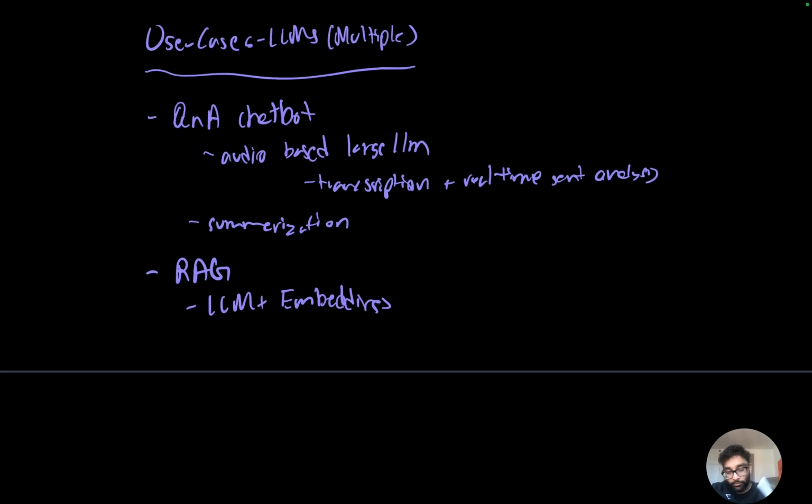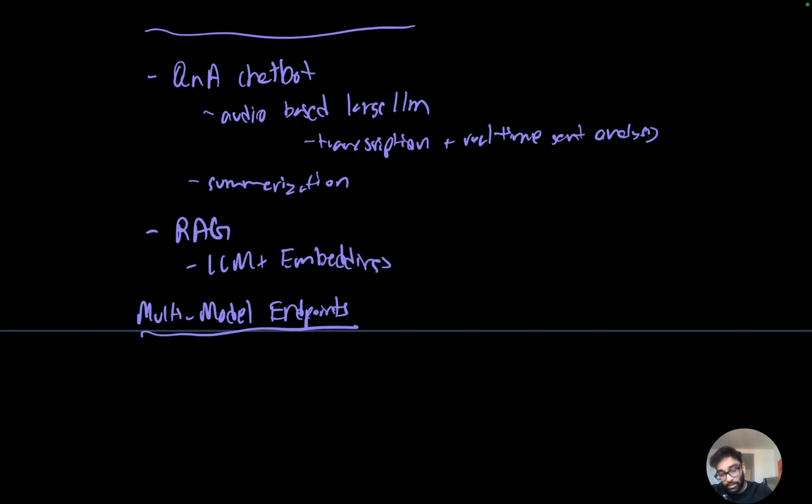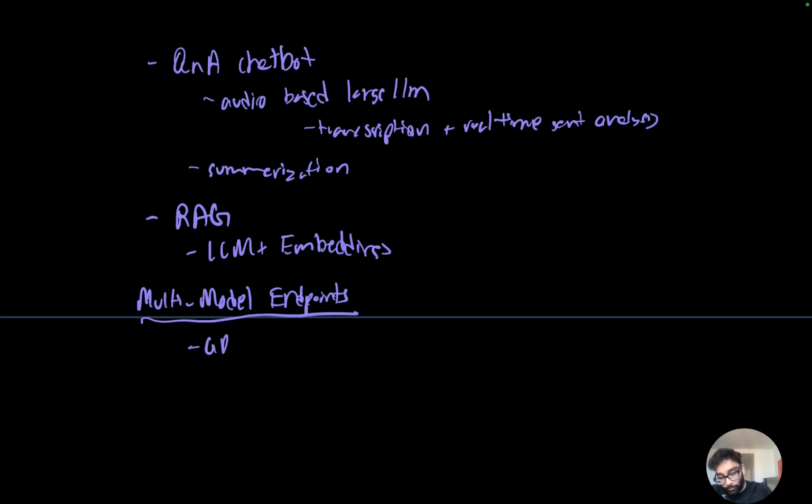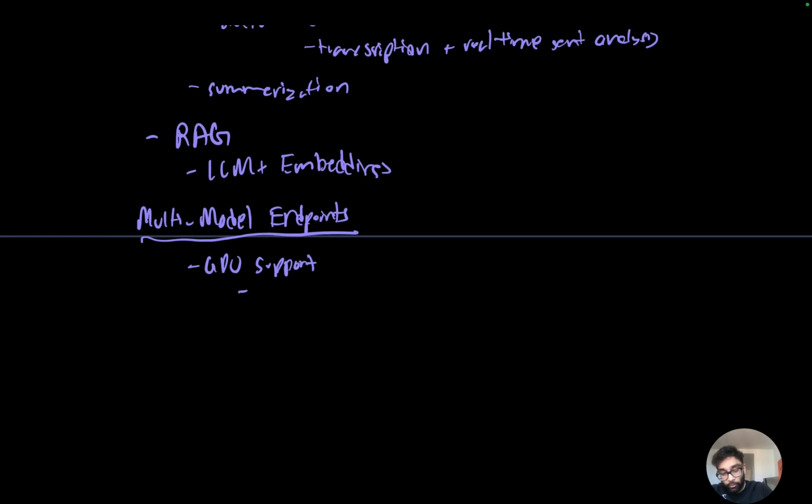And traditionally, we talked about multi-model endpoints, which we got hands-on with, and we showcased how you can host multiple scikit-learn models on CPU-based instances. Now, there's also GPU support within MME, but the problem is, at the moment of this video, within MME there's only support for single GPU based instances.